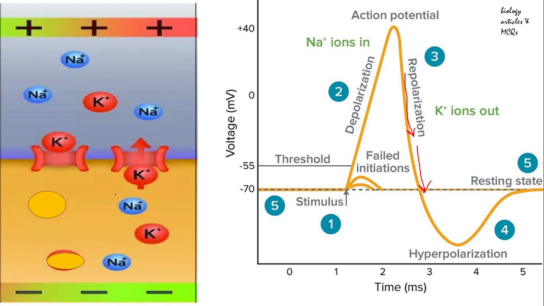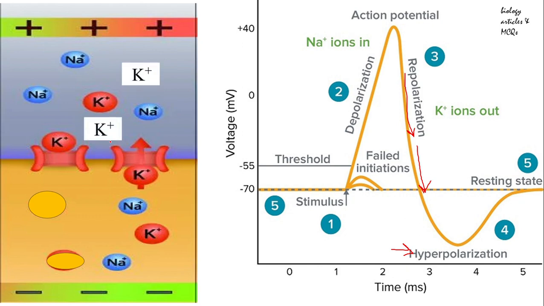But guys, after the repolarization, there is a short state of hyperpolarization also. When the potassium ions are moving outside, the potassium voltage gated channels are not closed yet. They are still open and are moving the potassium ions further outside.